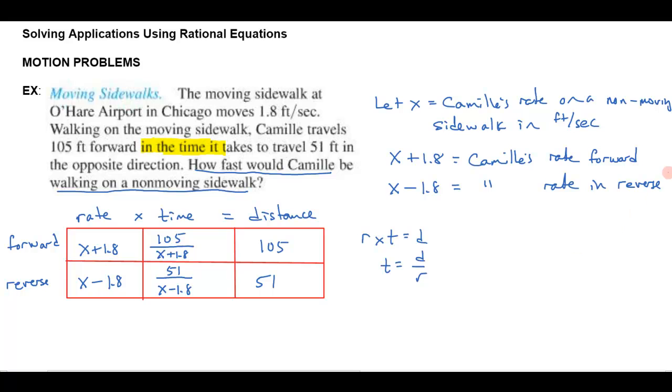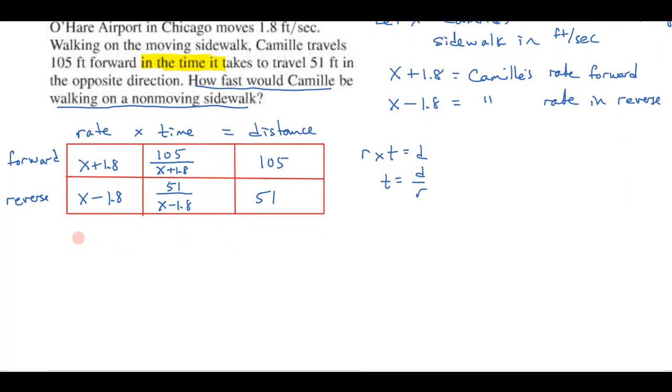So what I know is that this time going forward has to be the same as the time going in reverse for this other distance. That's the key: those two times are equal to one another. Once I have that, I see this is a rational equation, and I can solve it. I can forget about sidewalks. I can forget about Camille. I can just do the pure algebra here and crank the handle, and here comes the answer.